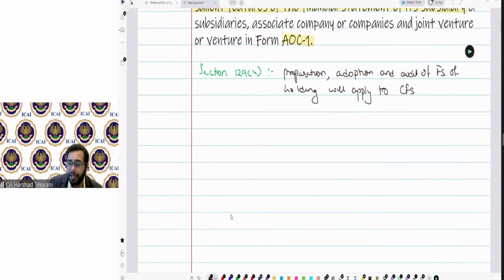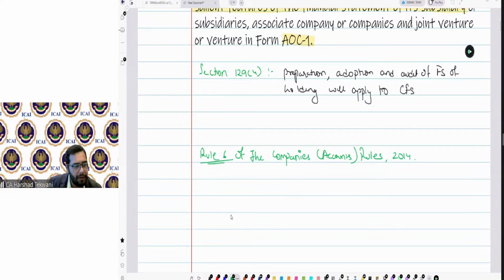Okay. The next part is our accounting standards and the requirement of preparing in a particular format. So we have Schedule 3 applicable, and the accounting standards. Can anyone tell me what is Rule 6 of the Companies (Accounts) Rules, 2014?